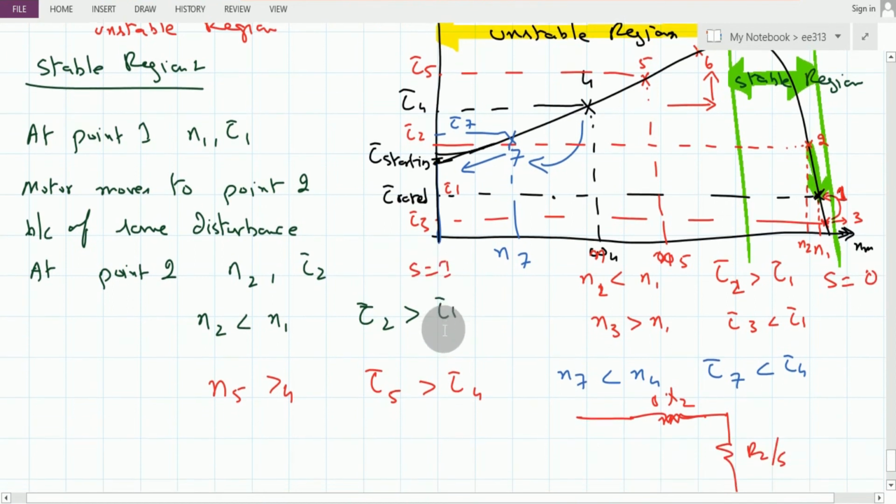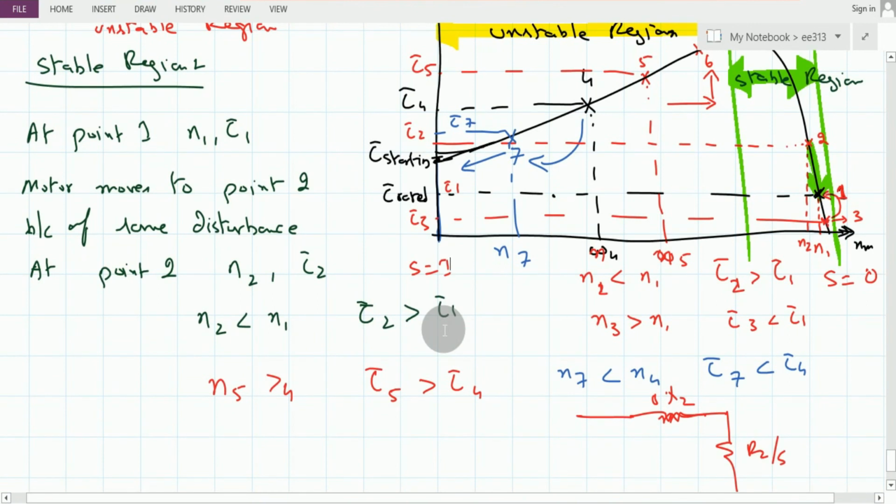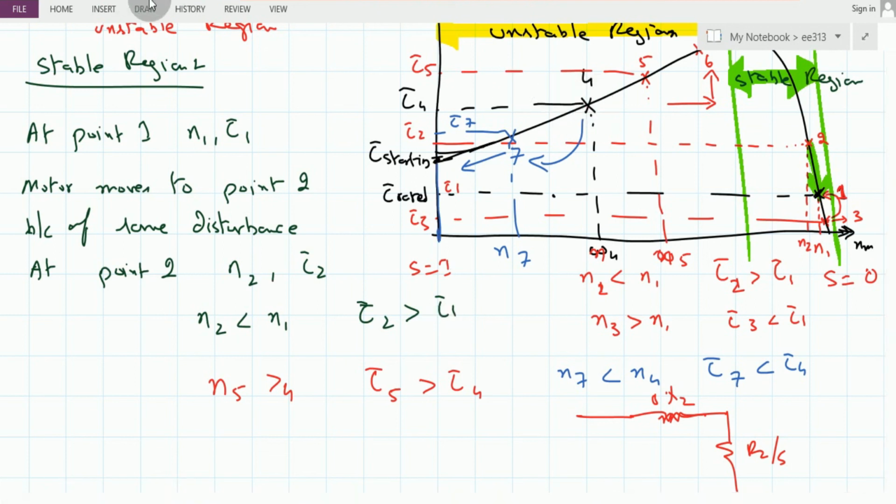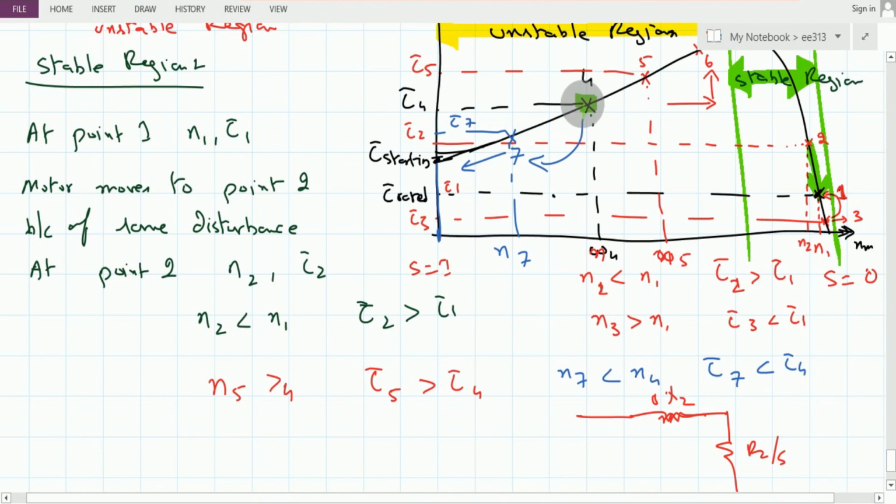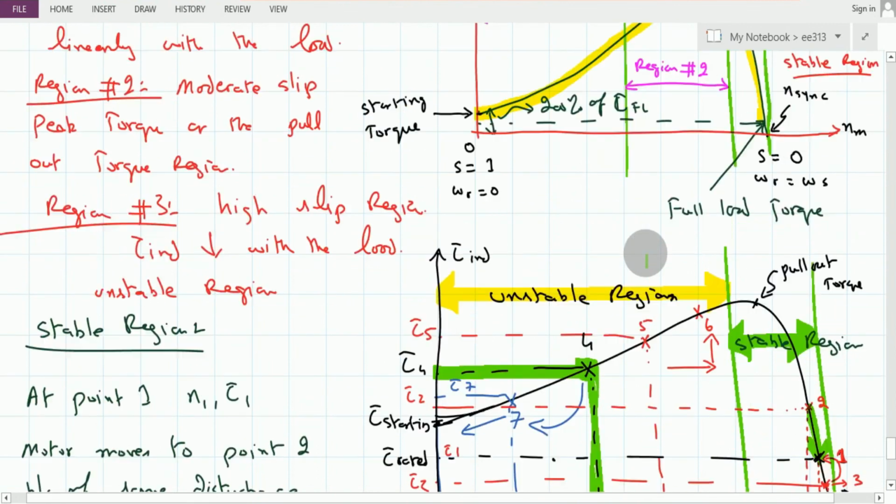So if we are operating a motor for a substantially prolonged period of time, this means that even if this operating point is not moving, and we are very happy operating the motor at this instant of the characteristics, this means that we are operating in a high slip region.